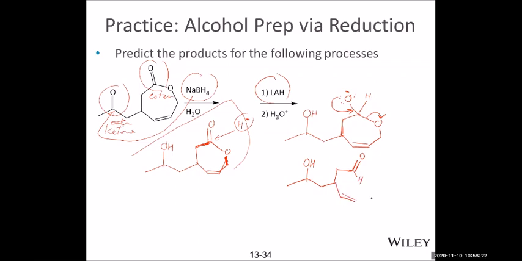All the other parts of the structure remain the same. The difference is we have an oxide ion formed here. So that's what happened in the first step. This is still an intermediate because the carbonyl can still react with lithium aluminum hydride. So one more step: the hydride comes from the lithium. Finally, it gives us the alkoxide.